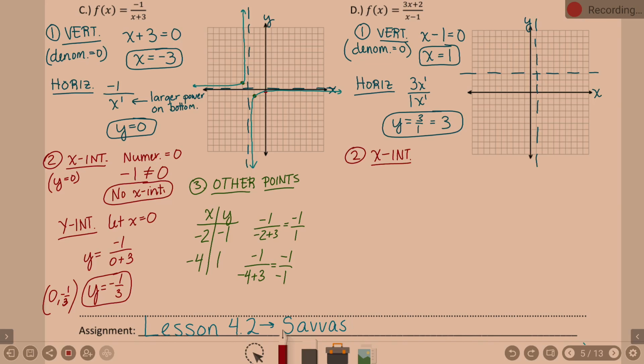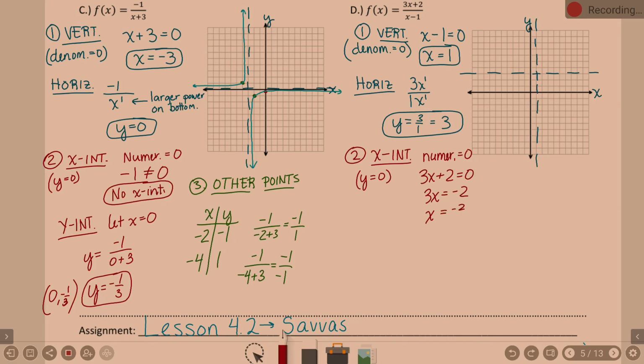I've been doing x-intercepts. X-intercepts. 3 times 0 plus 2. Okay, yeah. Officially, it's when y equals 0, so that's when my numerator equals 0. So 3x plus 2 equals 0. Subtract 2. 3x equals negative 2.